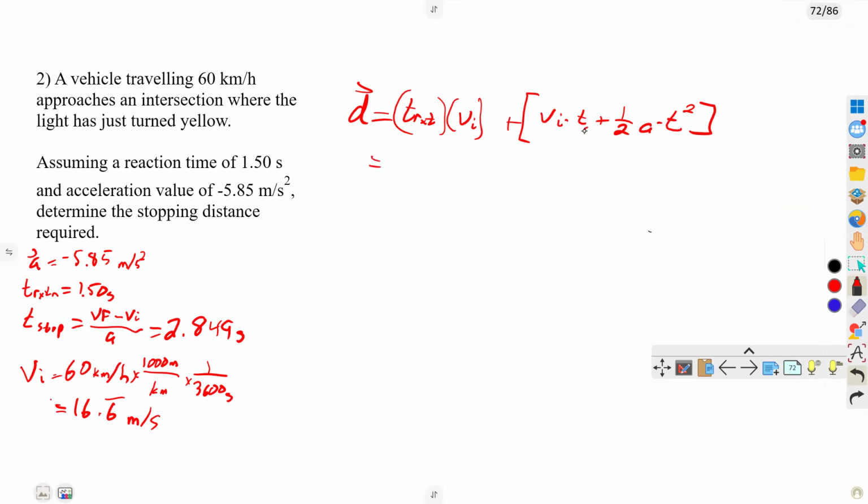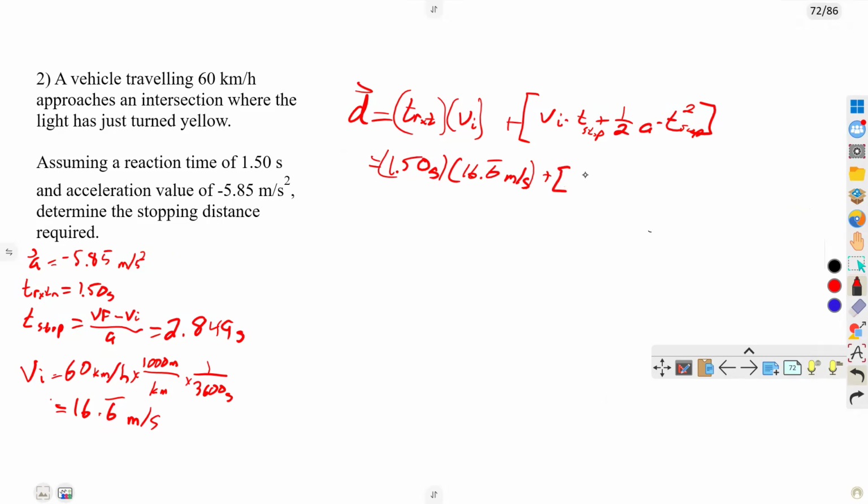Okay, reaction time. This is our stopping time. Okay, this one here then will be 1.50 seconds multiplied by 16.6 repeating meters per second.